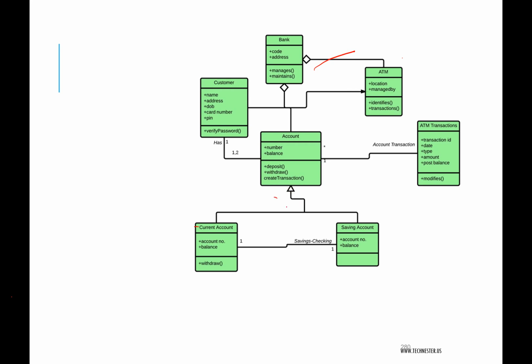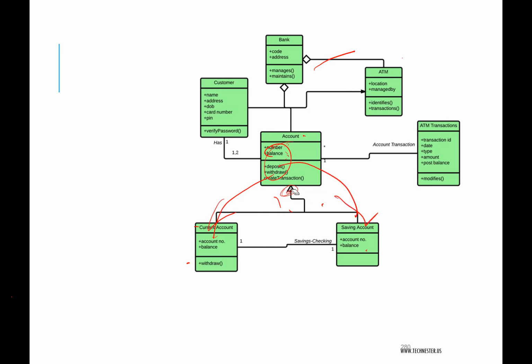All right. This is an inheritance relationship showing that current account inherits from the class account, and savings account inherits from the class account. So we don't need to repeat the properties of account. Your current account will definitely have an account number. That's why there's inheritance, saying everything here is inherited by the children.